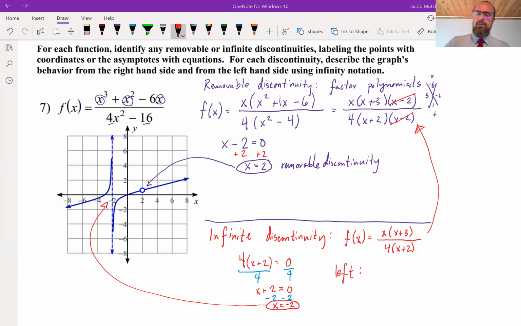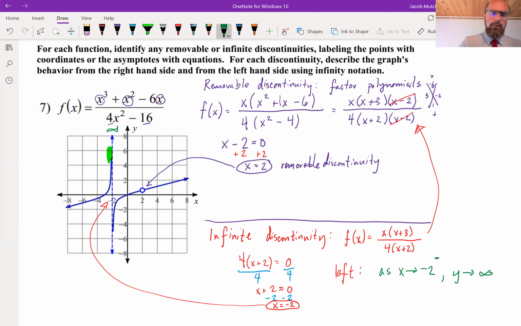As x approaches, so here I'm going towards that value of negative 2, from the left, I put the minus superscript. And there I'm going to look on the left side to see what the function is doing. There the function is increasing as it gets close to that vertical asymptote, headed up towards positive infinity. And that's how I would end the behavior statement: y approaches positive infinity.